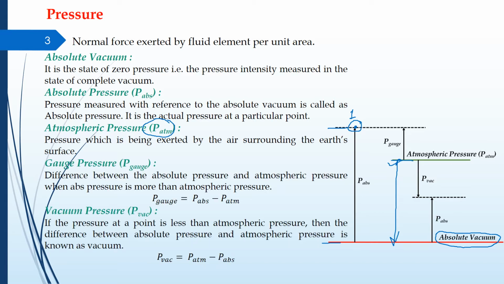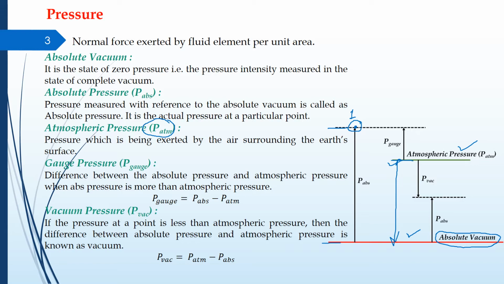Now, suppose we have to measure the pressure with respect to atmospheric pressure, how will we measure that, and if we have to measure the pressure with respect to the absolute vacuum, how will we measure that. First of all, with regard to the absolute vacuum, the pressure we measure will be the absolute pressure. For this point 1, the pressure difference between this point and this level is your absolute pressure.